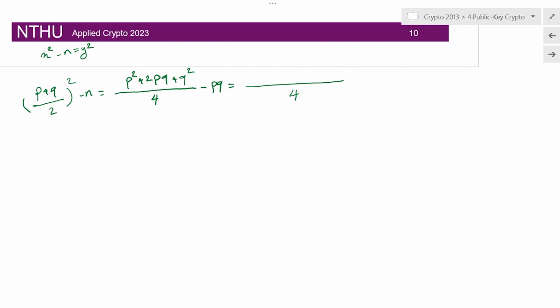I get 4, and then p squared minus 2pq plus q squared, and what I get is 4, and then over here I would have (p minus q) squared, right? Which I can represent as (p minus q over 2) to the power 2, right? These are all equalities. I start with just (p plus q over 2) to the power 2 minus n, and I just expand this one, and I got this to be equal to this value.